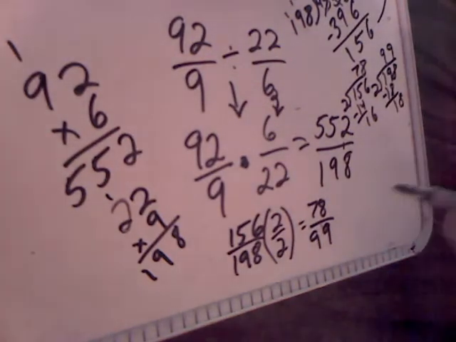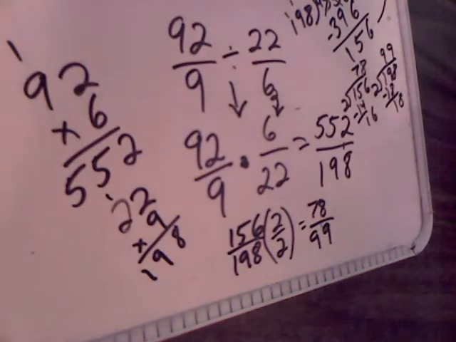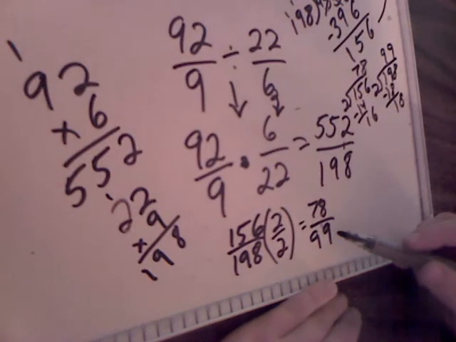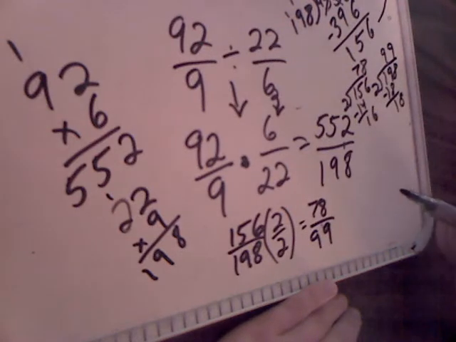Now we know that it's 78 over 99. I think that can still be reduced a little bit more. Let's check our 3 rule. The 3 rule for trying to figure out if 3 can be divided into a number is to add up all the digits. Can 3 go into 99? Well, what's 9 plus 9? That's 18.